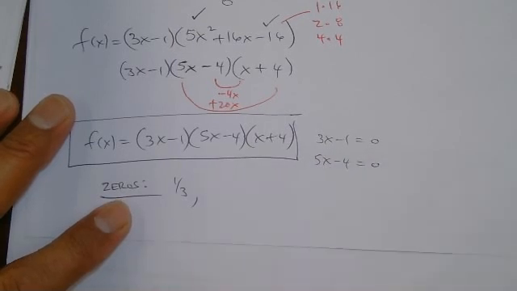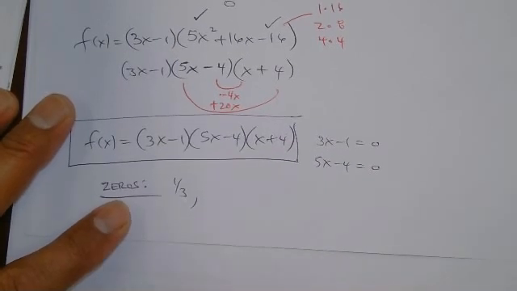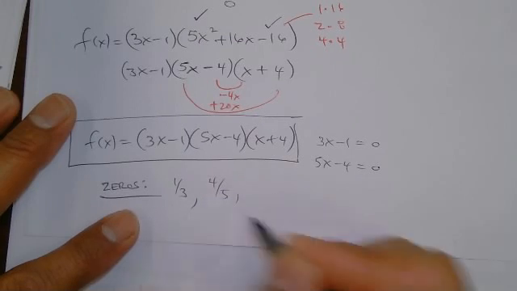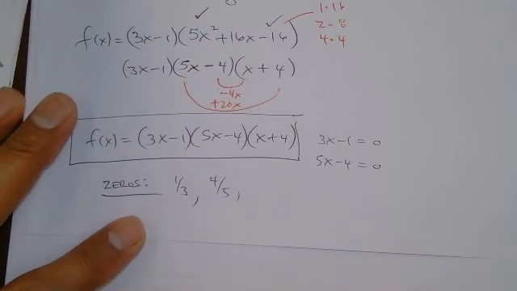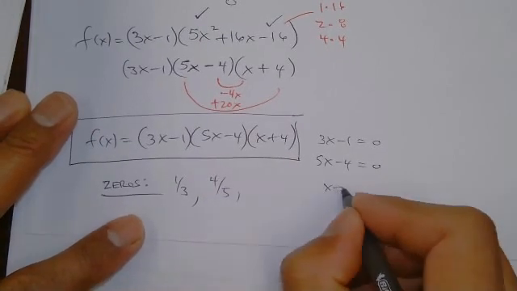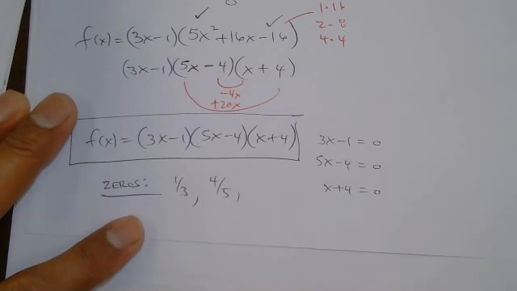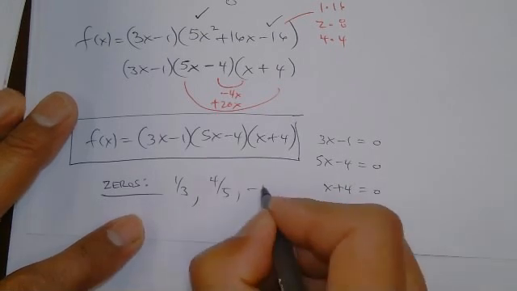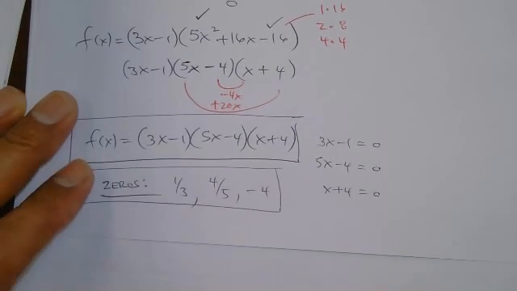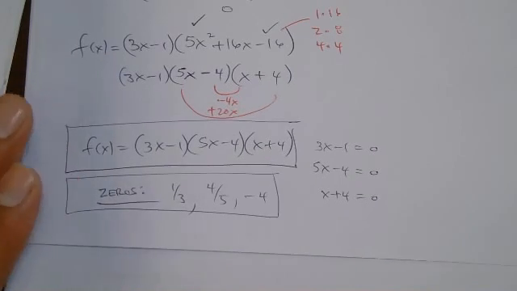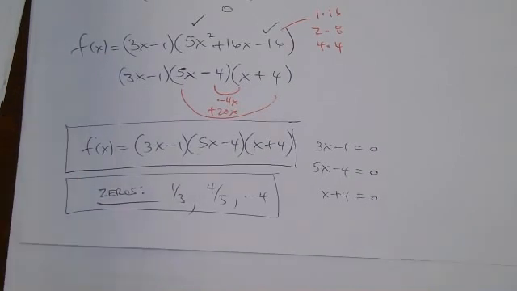You'll get what? Positive 1/3. Put 5x minus 4 equal to 0, solve for x, and you'll get positive 4/5. And then x plus 4 equal to 0 and solve that? Come on, there's negative 4. There's your zeros.